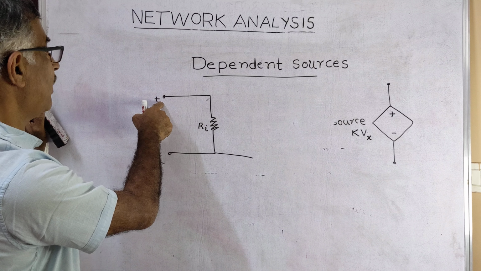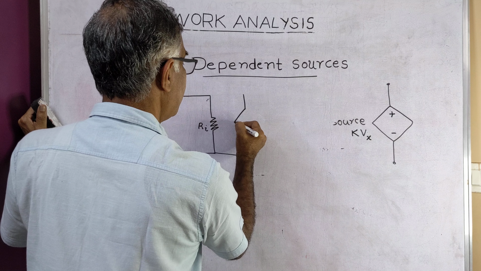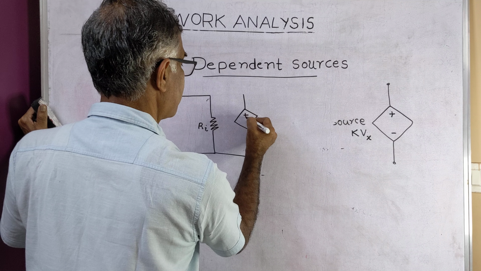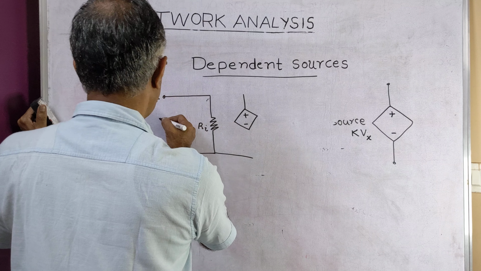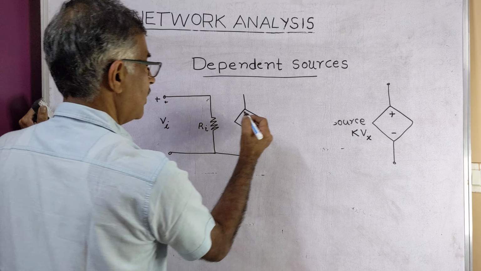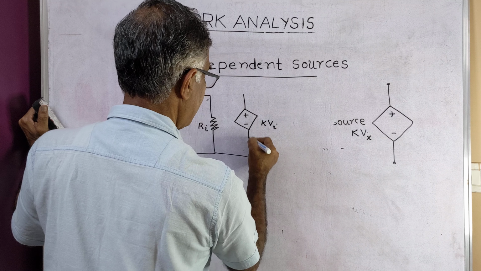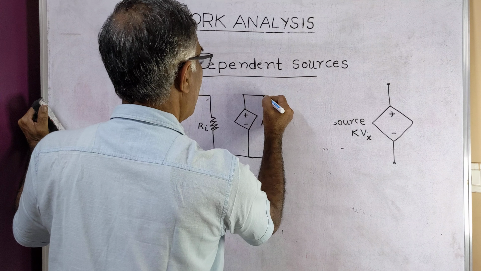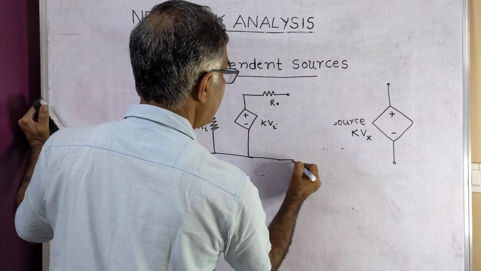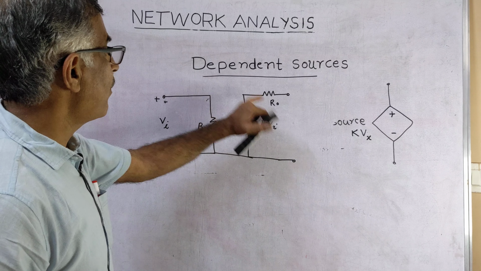This is non-inverting end, this is inverting end, and here we write a dependent source, voltage controlled voltage source. So that is VI. VI is input voltage. So this is KVI, and this is output resistance. And here this is what is called as equivalent circuit of op amp.